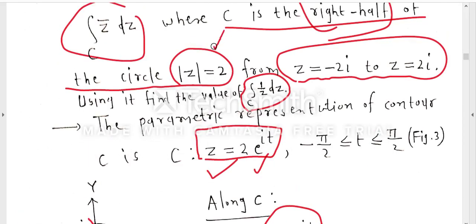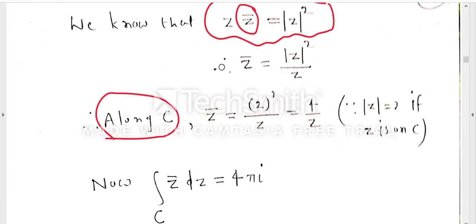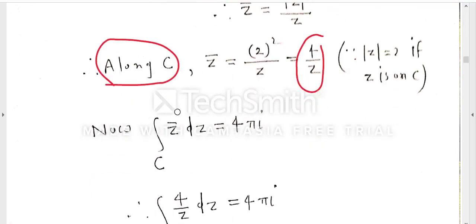So along contour C, if any point z is along C, its modulus is 2. So along C we can write mod z equal to 2. I will obtain z bar equal to 4 by z along C.